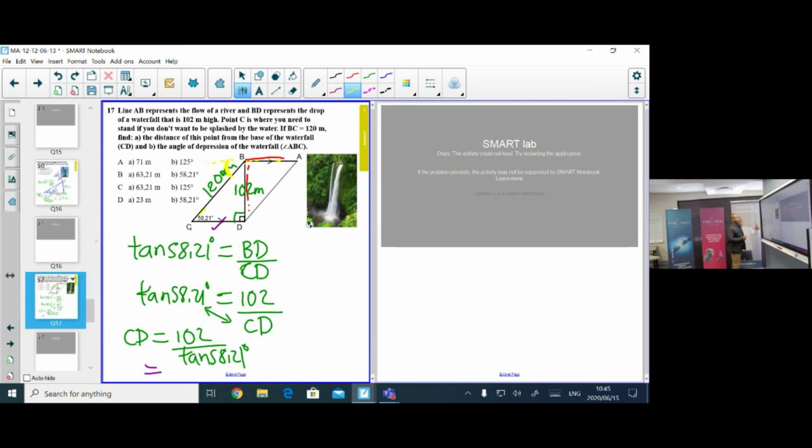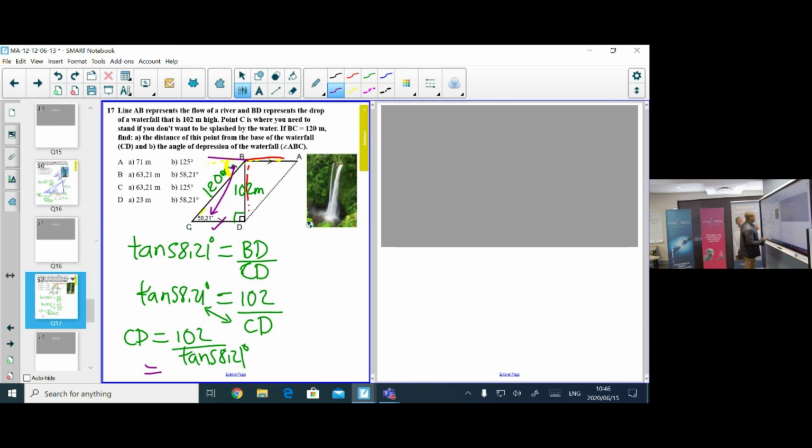So the angle of depression is usually equal to the angle of elevation if we are talking of the same two points. So this being a Z angle, this angle will also be the same as this. So these angles are forming a Z angle, which is an alternate angle.